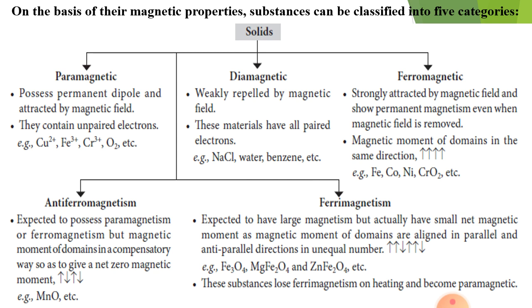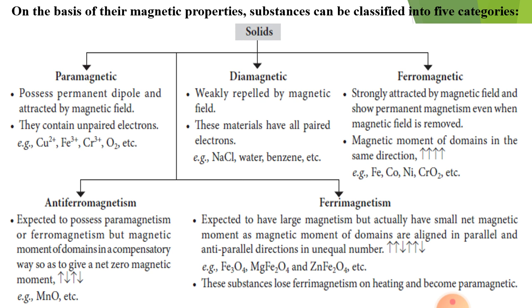As the name indicates, paramagnetic substances contain unpaired electrons. This can be defined as the substances which possess permanent dipoles and are attracted by magnetic field, and they also contain unpaired electrons, are known as paramagnetic substances, and the process is known as paramagnetism.